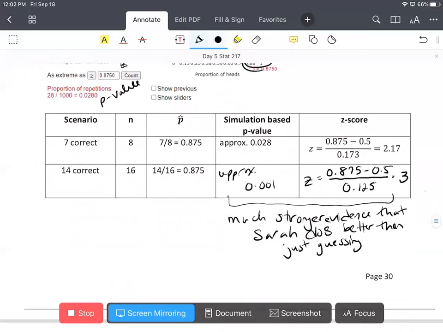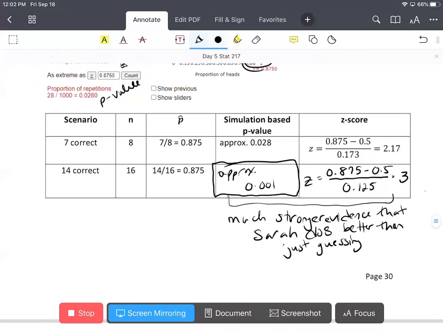If you haven't, pause now. This is the one box you could not have filled in because it's a little different. With 14 correct instead of 7 correct, our sample size went from 8 to 16. Our p-hats do not change.